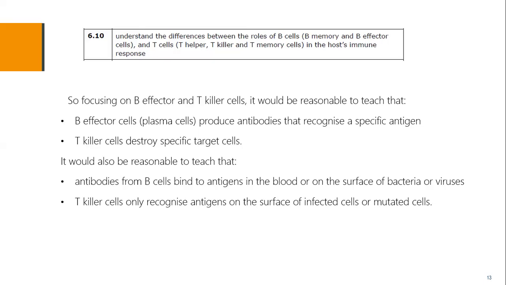They should understand that killer cells bind to the antigens on the surface of these cells and lyse them. They would not need to know about different antibody classes or the role of MHC antigens or the roles of other effector cells such as mast cells or natural killer cells.